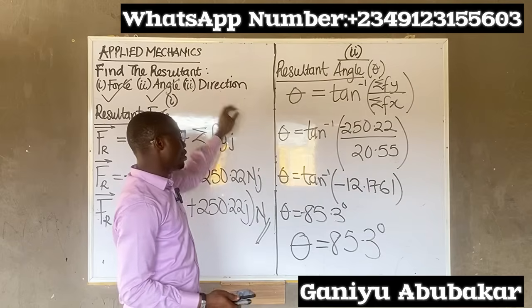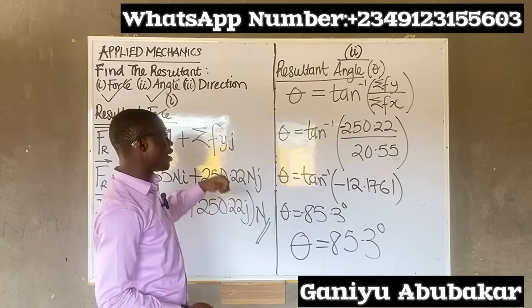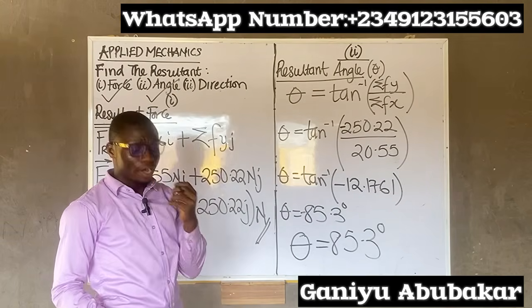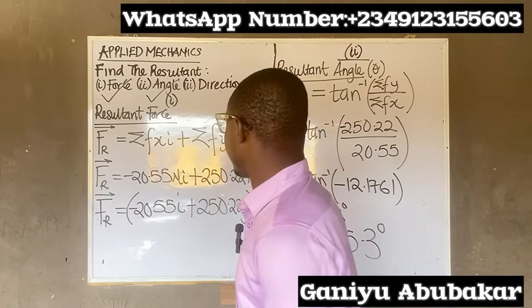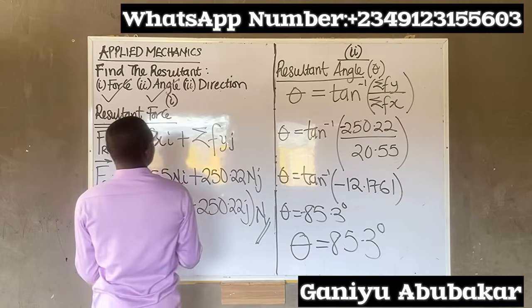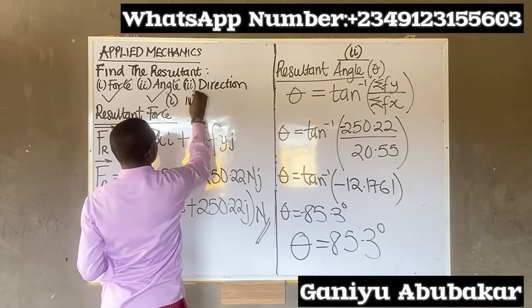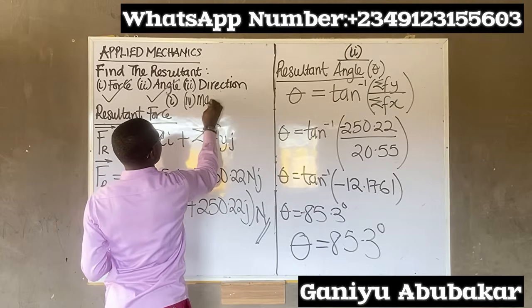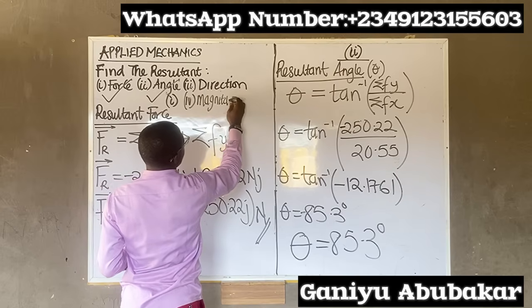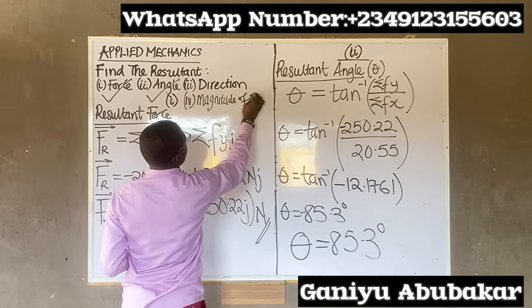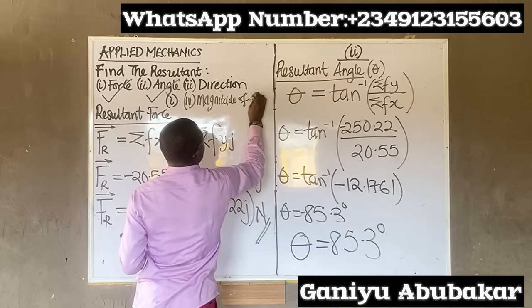Before we do the direction of this stuff, let's try to get the magnitude of the resultant force. Let's attach it: IV, magnitude of resultant force.